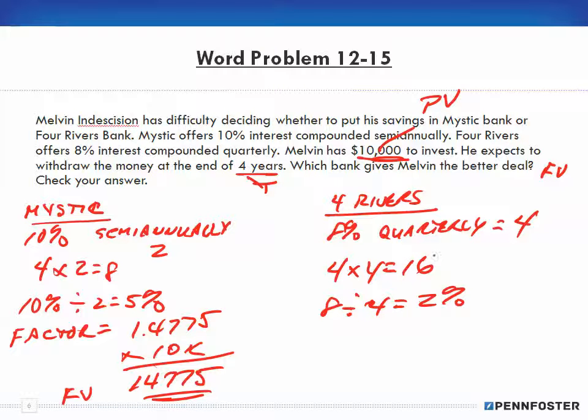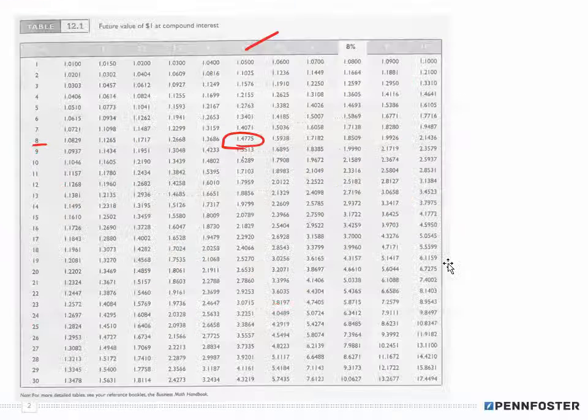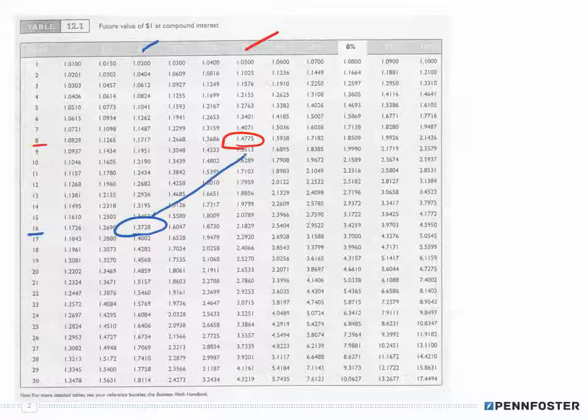So when I go up to the future value chart, I'm going to be looking for 2% over 16 periods. So here I have 2% for 16 periods, and the value was 1.3728.